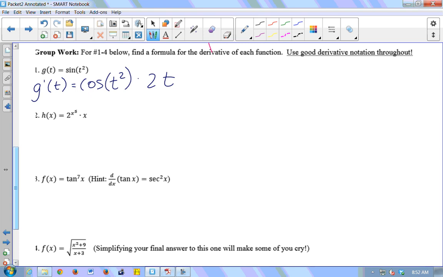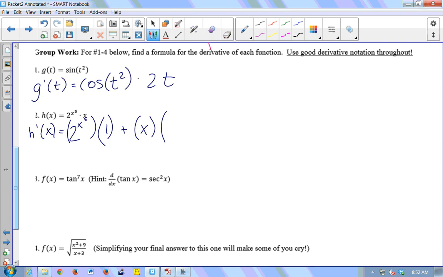Okay, h of x is 2 to the x to the 5 times x. So h prime of x is going to be a product. Those are two separate functions multiplied together. I start with the product rule: my first function, 2 to the x to the 5th, times the derivative of the second function, which is just 1 because the derivative of x is 1, plus the second, x, times the derivative of the first.